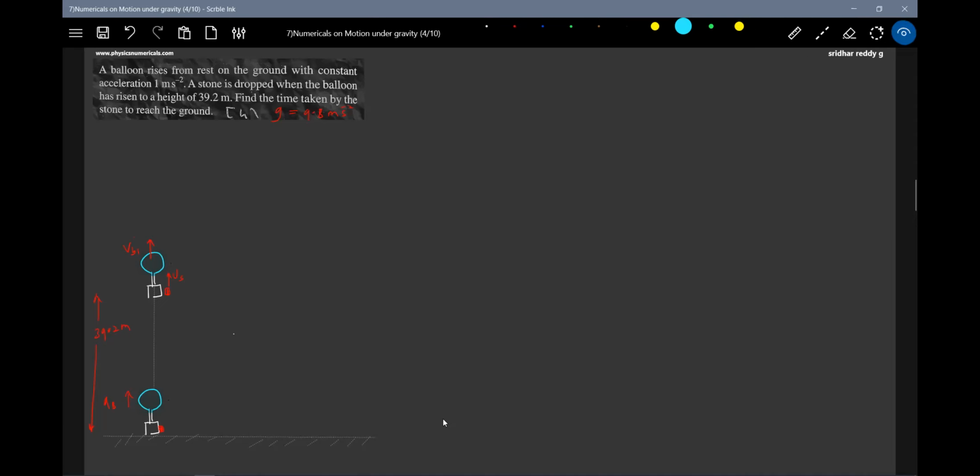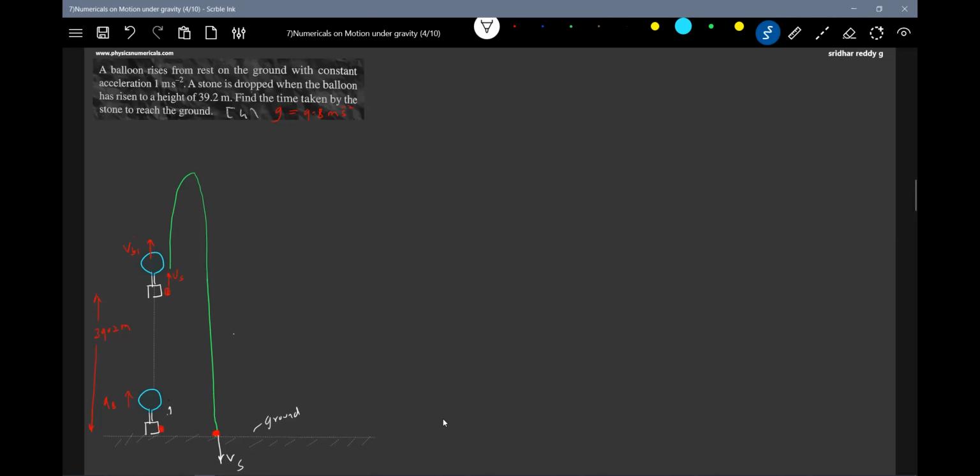What is the path of the stone? Due to inertia of motion, the stone is going to ascend, then it will descend, and finally it will strike the ground. The stone is going to come and strike the ground with a velocity Vs. Time taken by the stone to reach the ground.